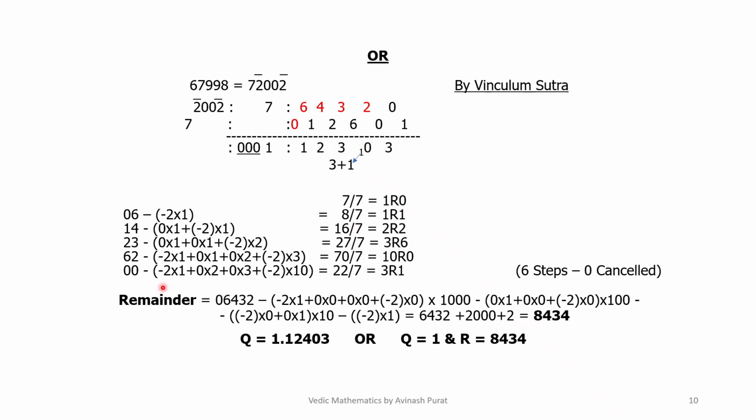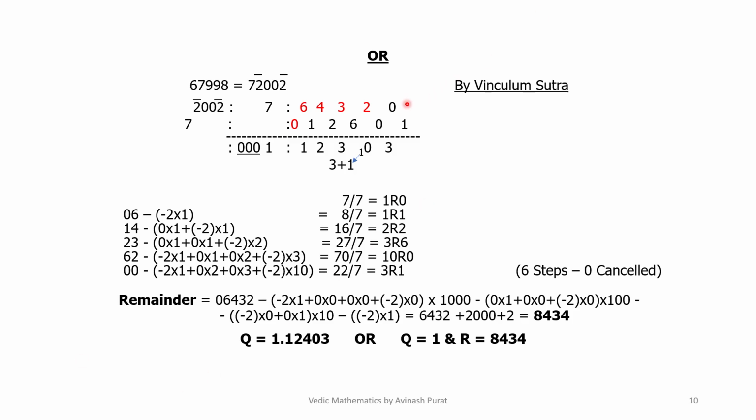So we get minus 2 minus 20, so 22. 22 by 7, that is 3 is quotient and 1 is remainder. Now this is completed in 6 steps and none is cancelled.